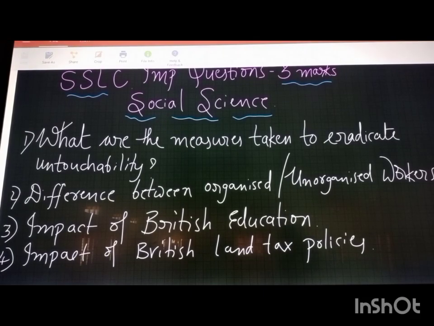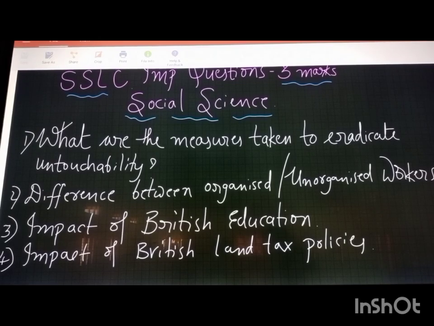Because of British land tax policies, a new class or new group of zamindars was created. Land became a commodity. So loans were raised by mortgaging the lands.